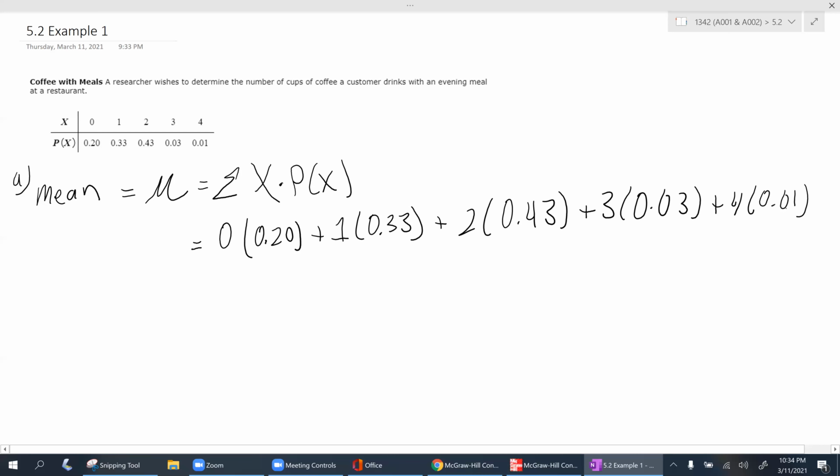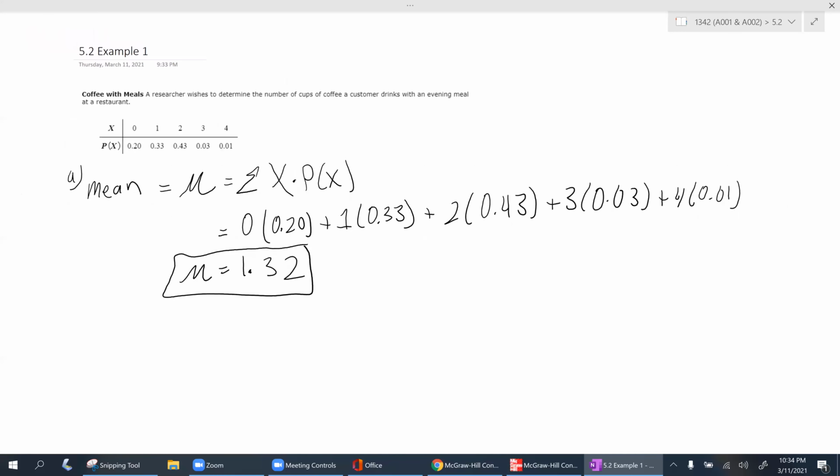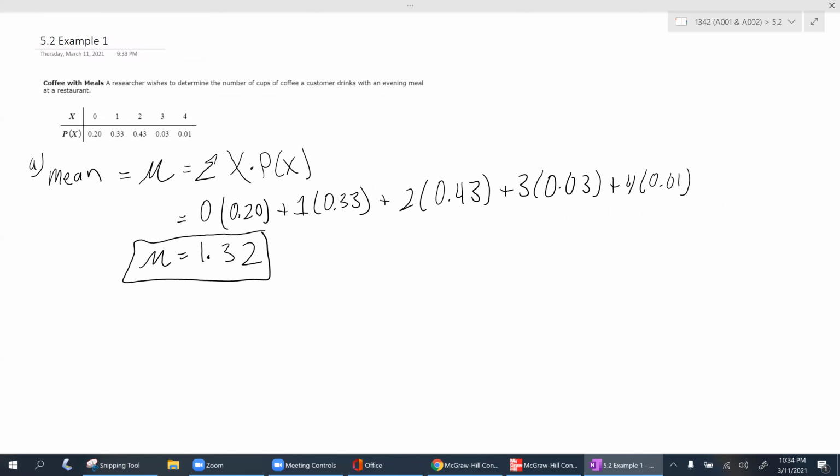We're going to sum up all of these values, and we find out that my mean is 1.32. Very nice. What we're going to do next is find my variance.